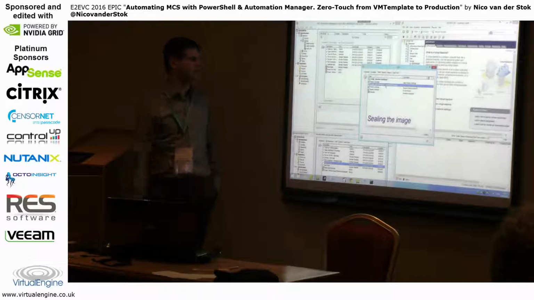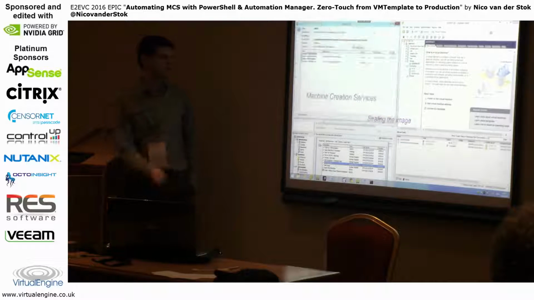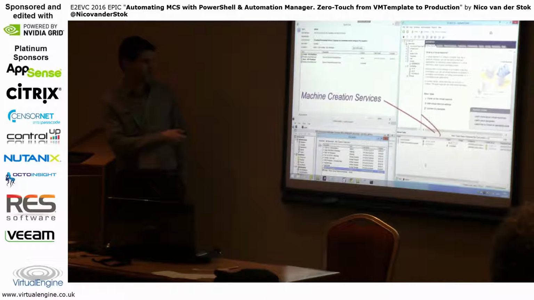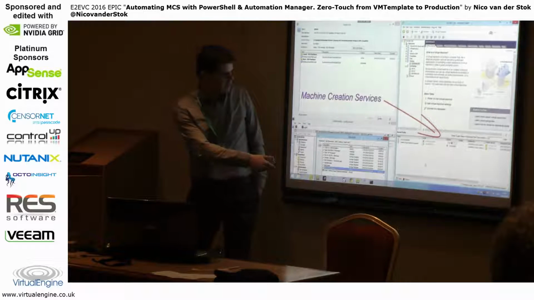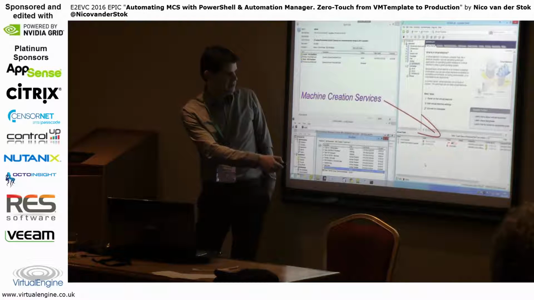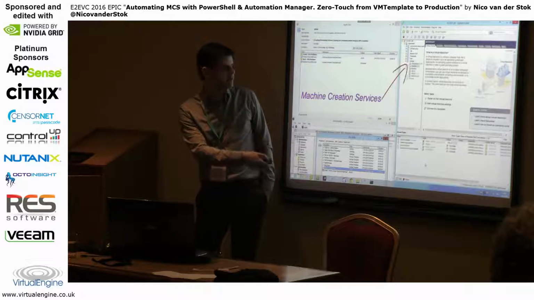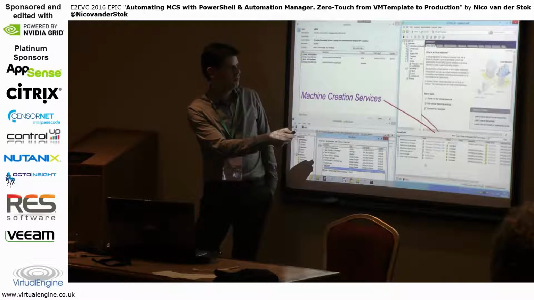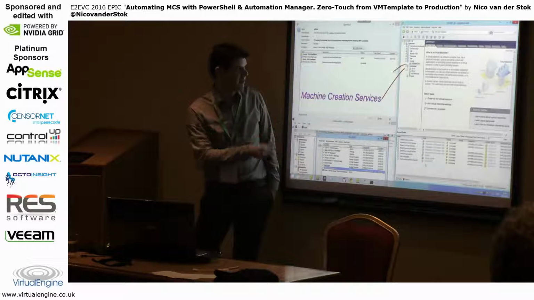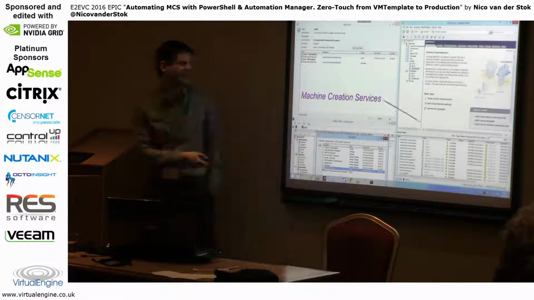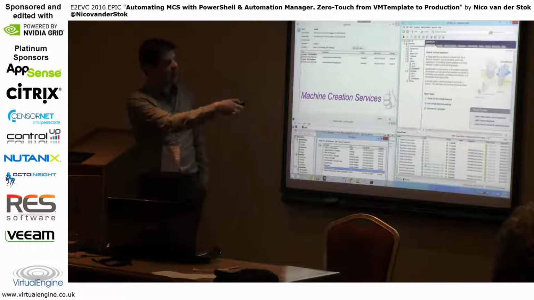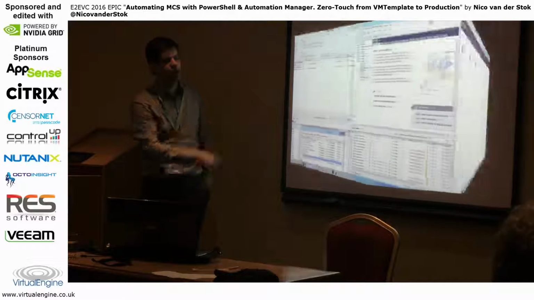And now the PowerShell functions which I created will be used for the MCS bits. So you see here that the virtual machine snapshot is being copied, that the preparation machine will be there for. And it's deploying out the XA1 and 2.